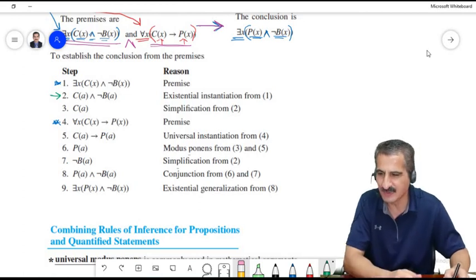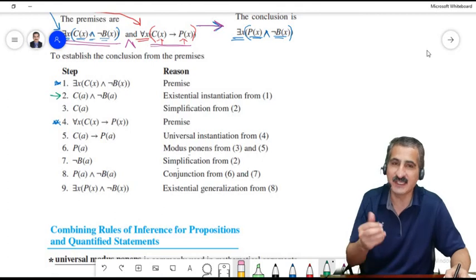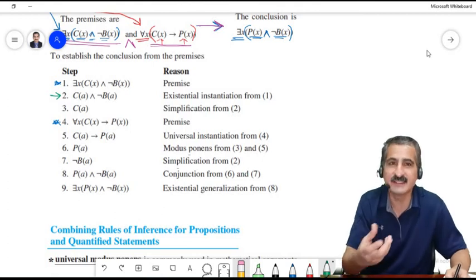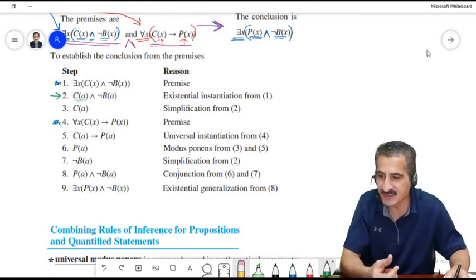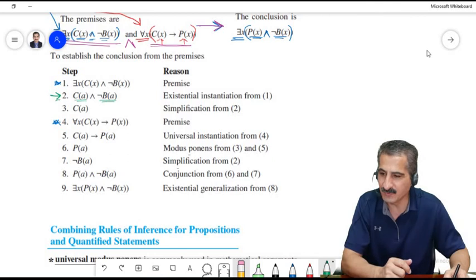So again, there exists x such that C of x and not P of x. So let that x be a. So we have C of a and not P of a. We have this and that, so we will conclude C of a is happening.